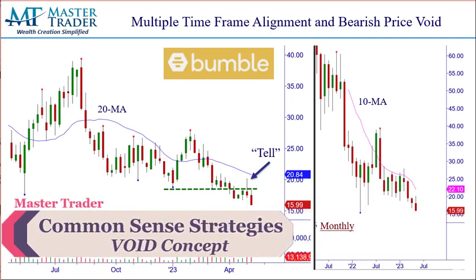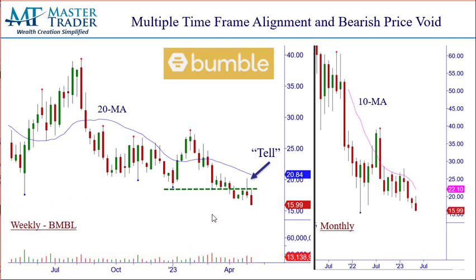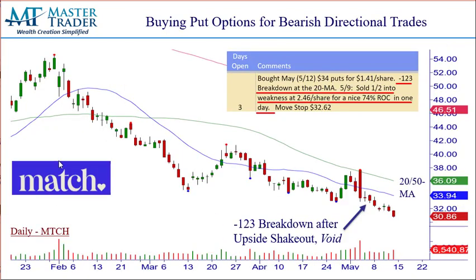So we're just going to go into our trail pivot mode using master trade strategies. Interesting, this is a competitor of Bumble, Match.com. Similar setups, not identical of course, but you'll see the same tell with this attempted gap breakout was a bullish gap, potential bottoming pattern, immediately sold into.